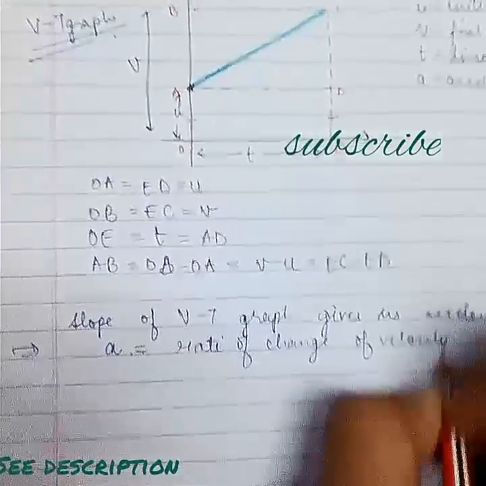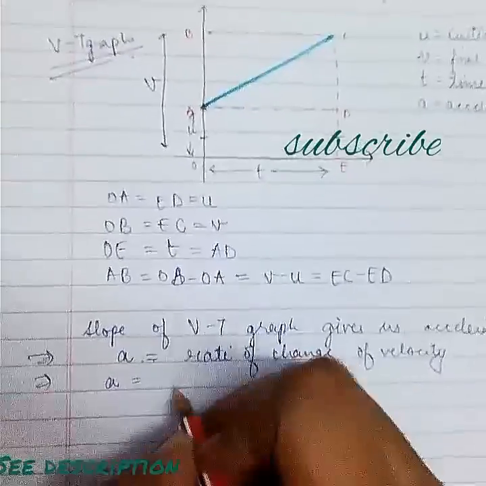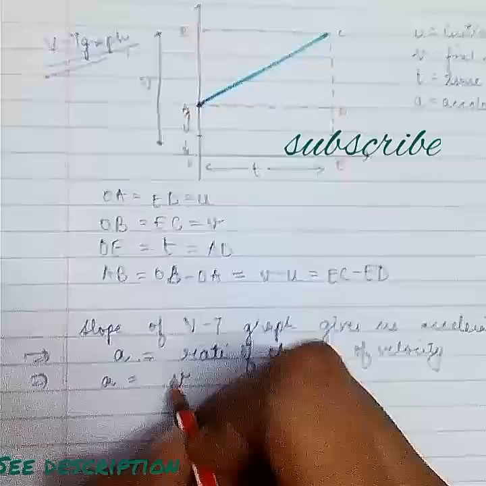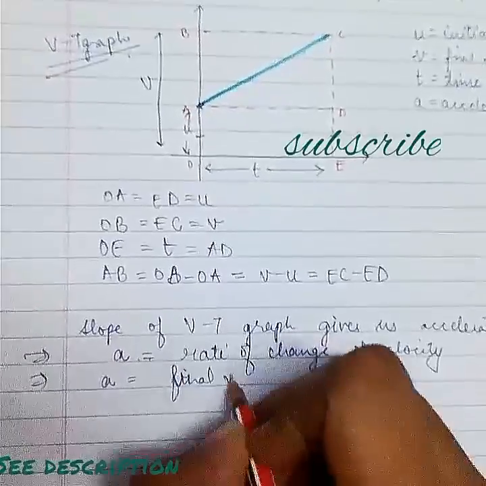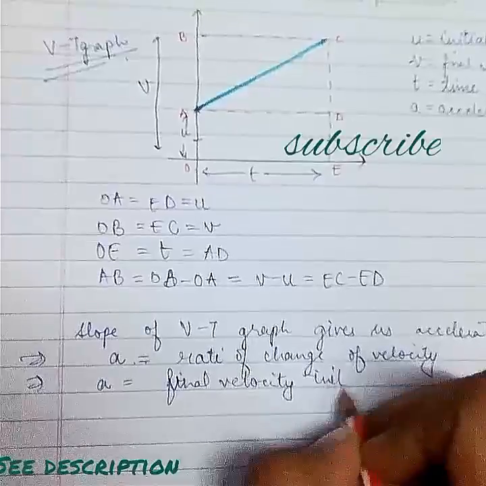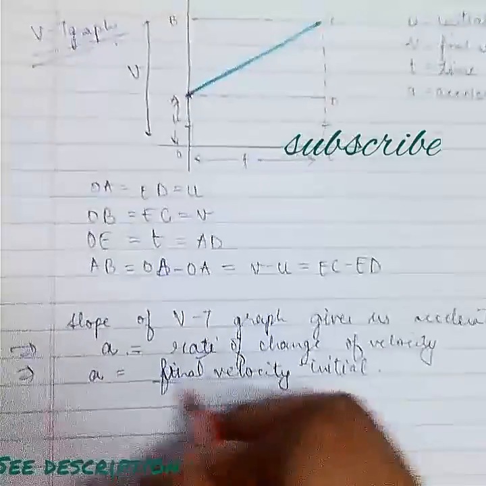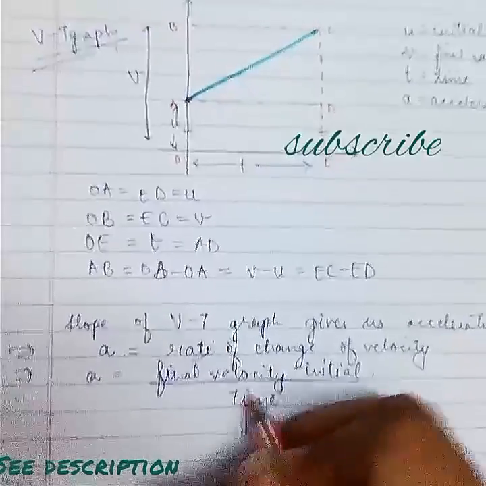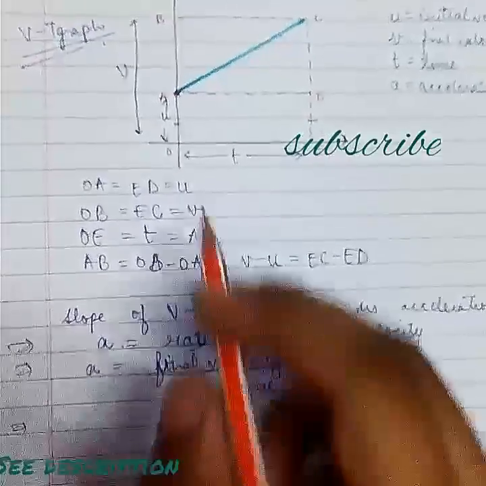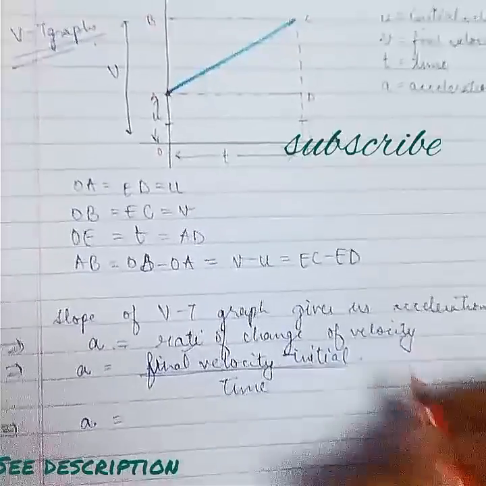That implies acceleration is equal to final velocity minus initial velocity, and as it is the rate of change of velocity, we put time in the denominator. We have a is equal to final velocity minus initial velocity over time.